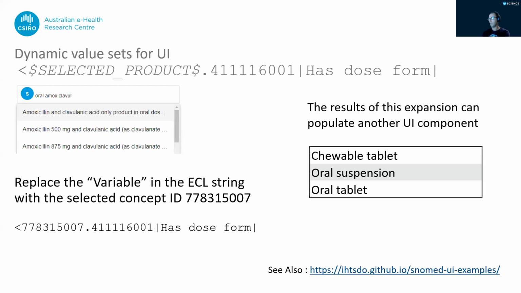So here we've got a chewable tablet, oral suspension, and just a regular oral tablet. There's a whole range of approaches for how you use this, and there's a link here to the SNOMED International UI examples, and that's got a bit of ECL and expansions in the background there.